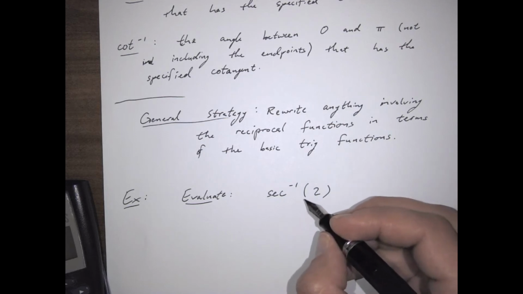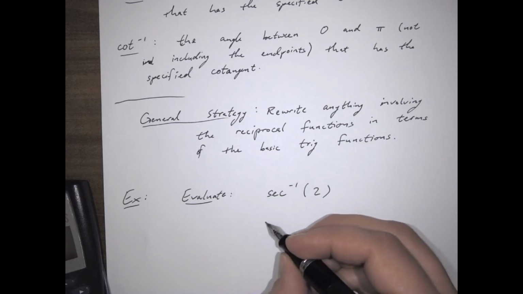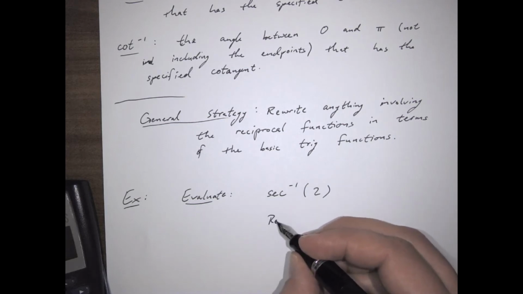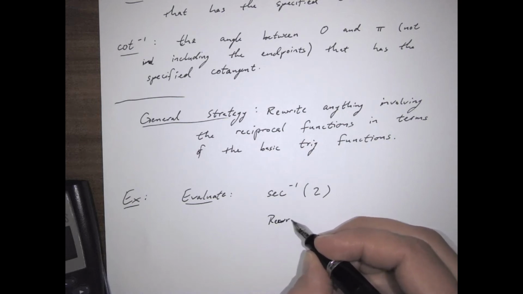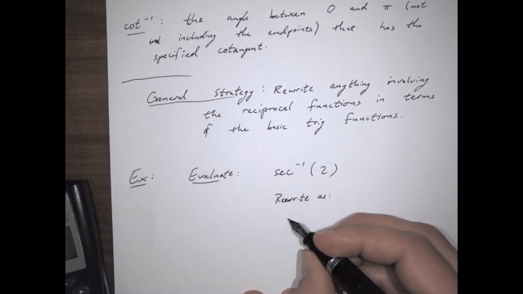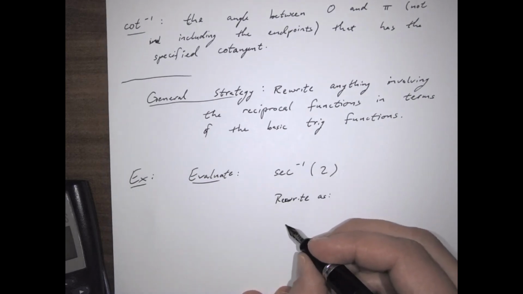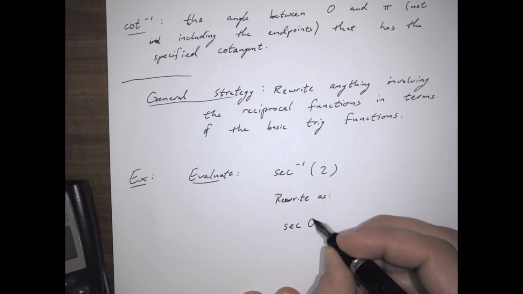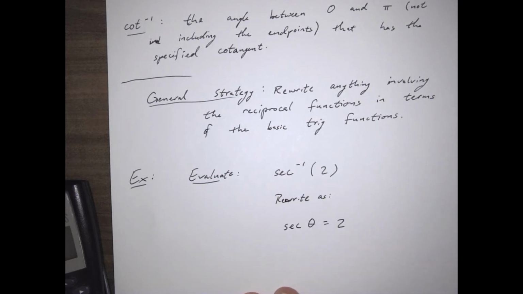Here, however, this is defined, and the best way to think about it is just rewrite it as saying, okay, so the secant of some mystery angle equals 2.